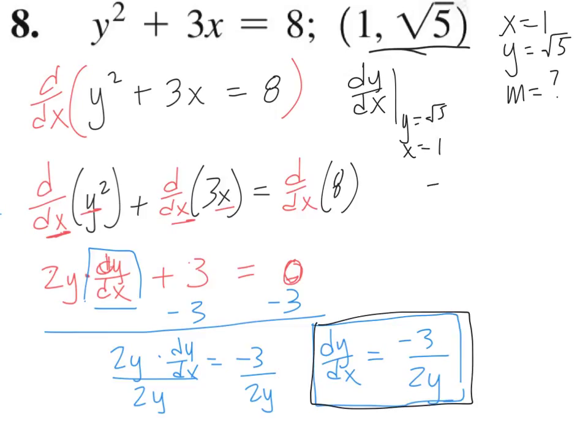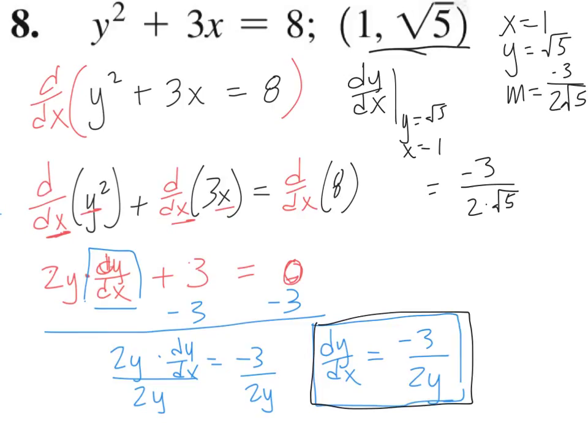So if I plug that in, I'm just going to get negative 3 over 2 times the square root of 5. Okay, and we can just leave it like that, and then we can just write our slope like that. So I'm going to go ahead and say that our slope has the value negative 3 over 2 times the square root of 5.